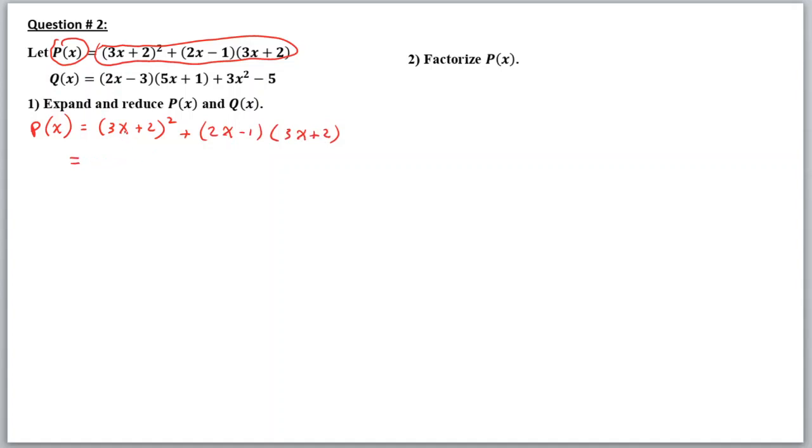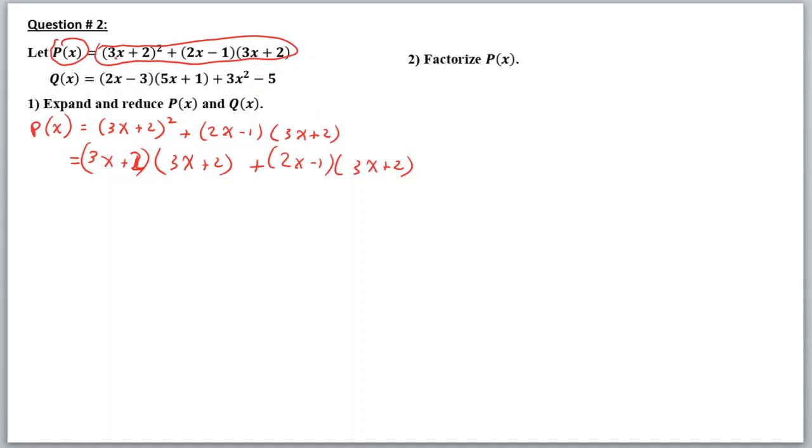It means that 3x plus 2, we should write it here, 2, sorry, into 3x plus 2 as we made before in another example, plus 2x minus 1 into 3x plus 2. This is the first step. So I should write it like this, 2x minus 1, 3x plus 2 here.